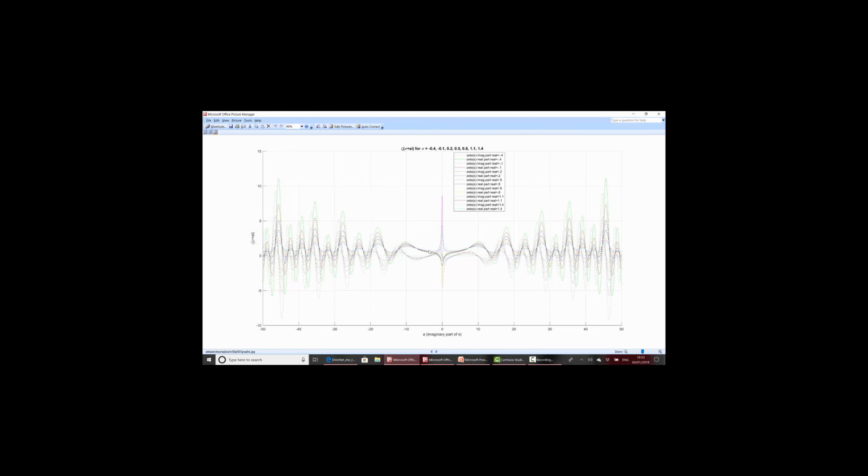If we look carefully, you can start to see an implicit function, if you like, of real part of zeta equals the imaginary part of zeta, and we can trace what that function looks like.